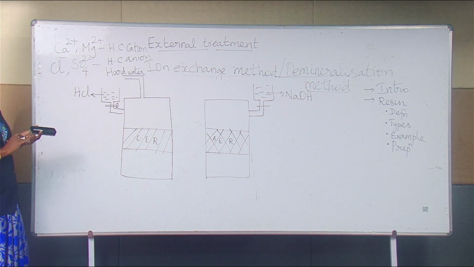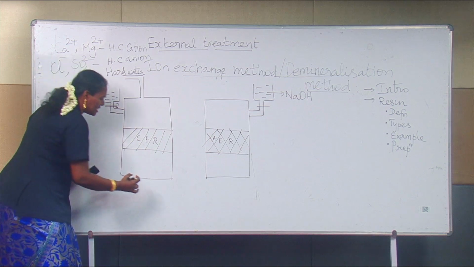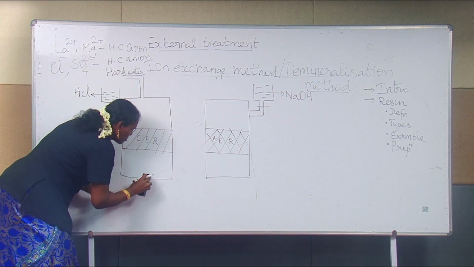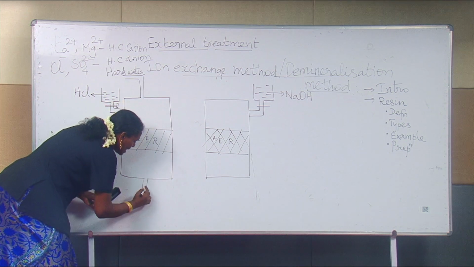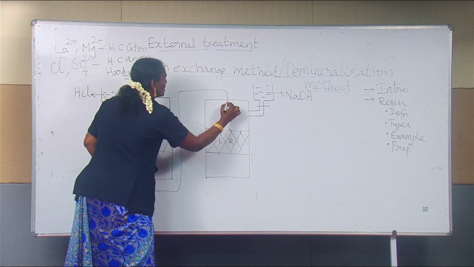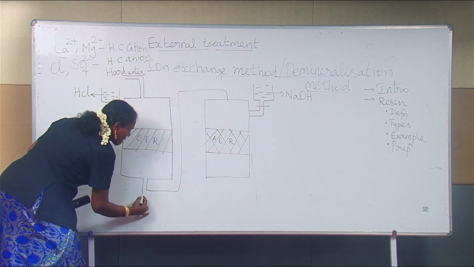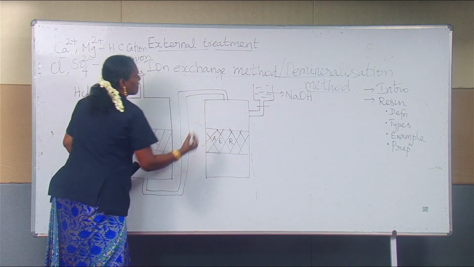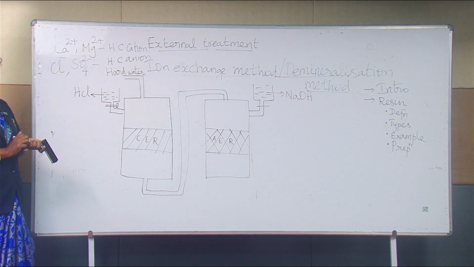Okay. So this hard water we are passing into cylinder 1, and afterwards we have one outlet here. This outlet has to join to the inlet of the second cylinder. This is the inlet for the second cylinder.